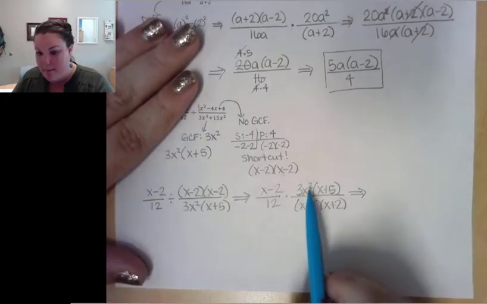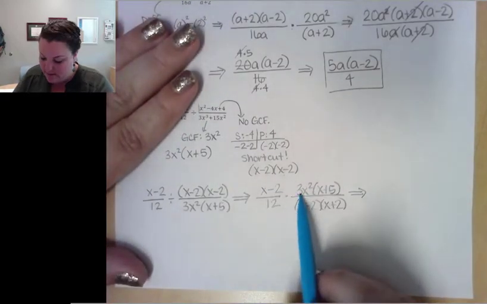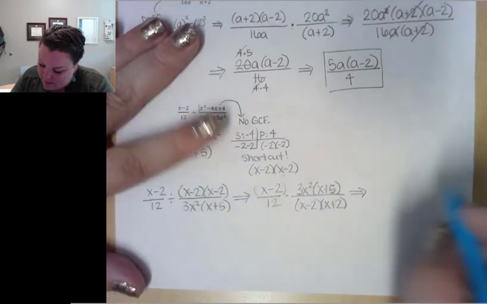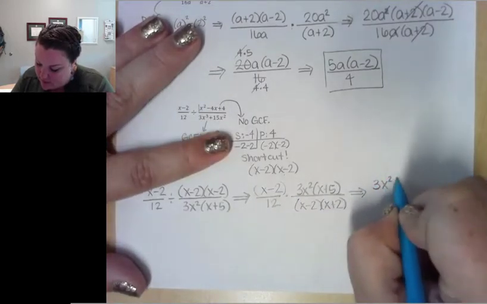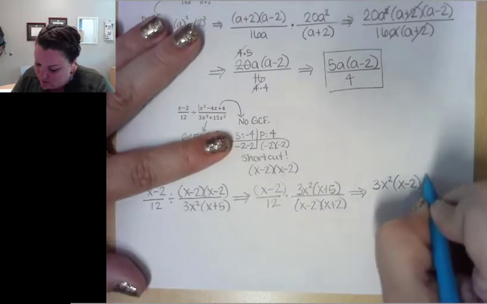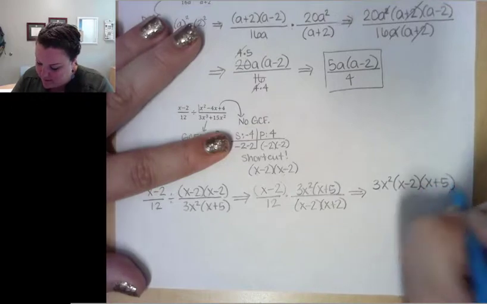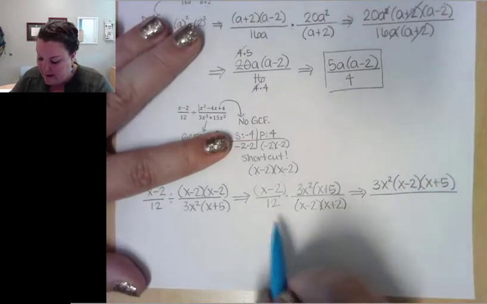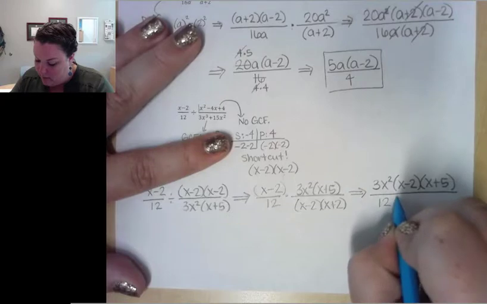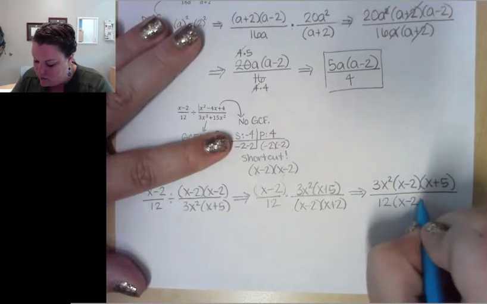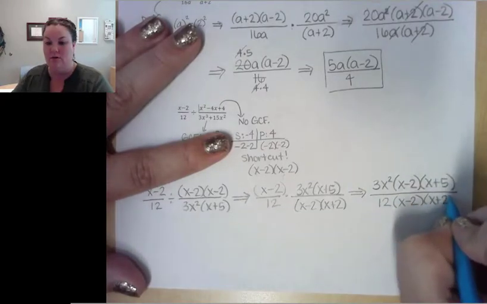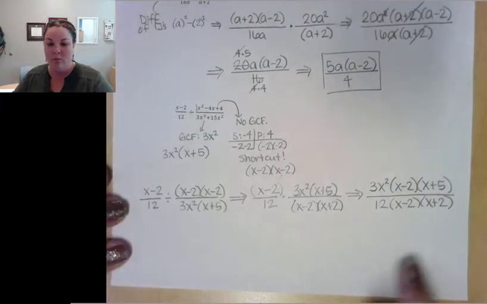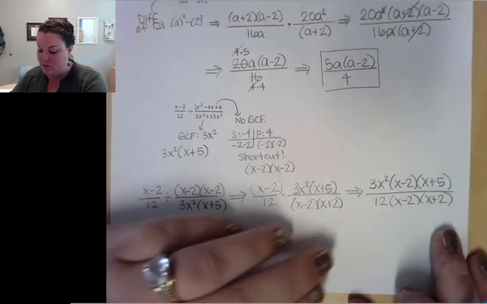Okay, so I'm going to write my monomial out front, right, because this is a quantity. So I have 3x squared times the quantity x minus 2 times the quantity x plus 5. On bottom, I have 12 and then x minus 2 and x plus 2. Okay, so once I get it all written together, then I can go ahead and reduce.